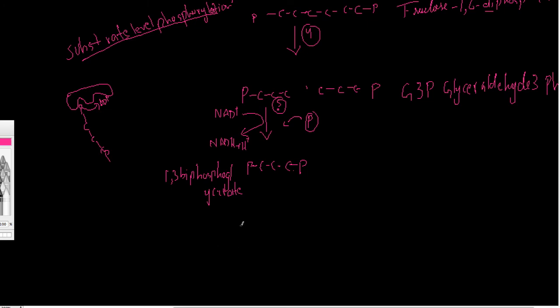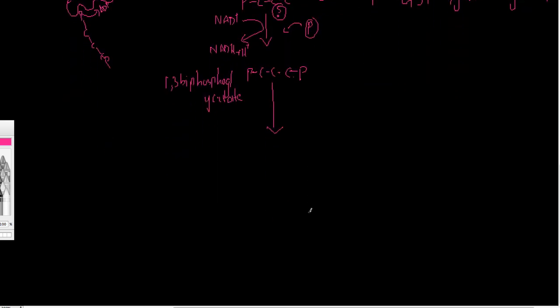So from this process, let me scroll down a little bit. I'm running out of space. So as we go from number 5, we're now in the number 6 process, an ADP molecule finally comes along and we get an ATP.